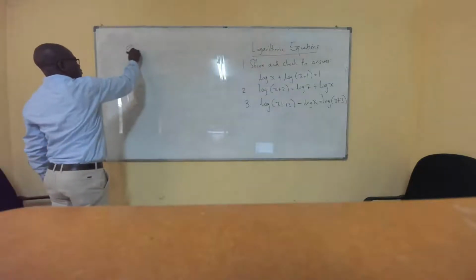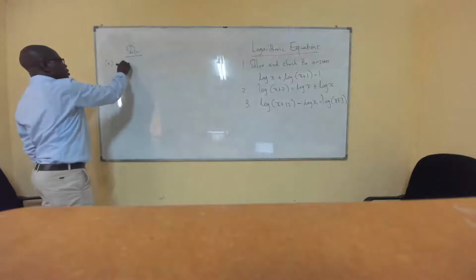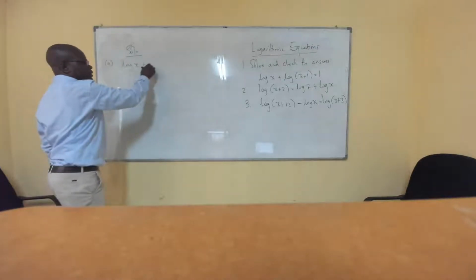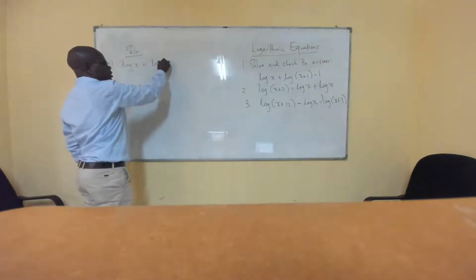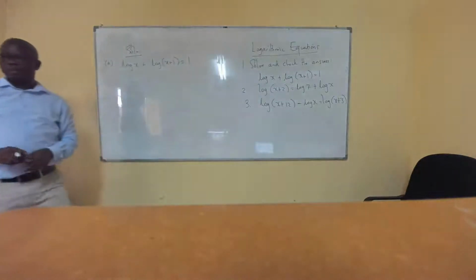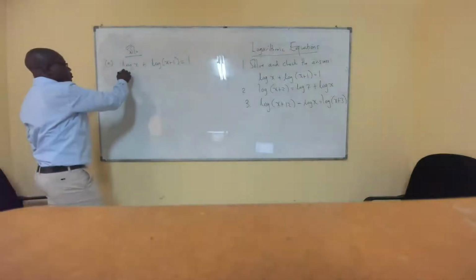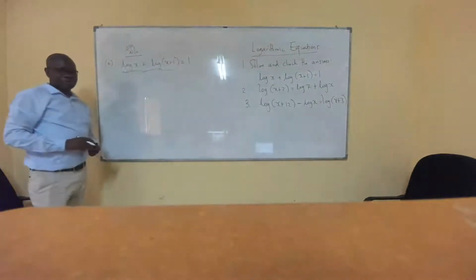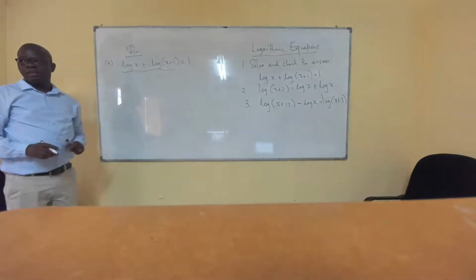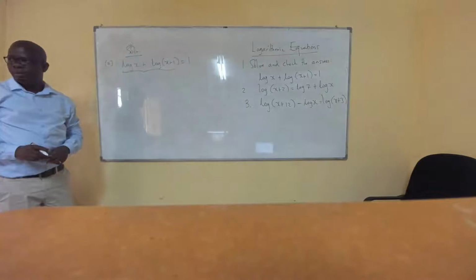So solution, part A: you check log x plus log (x plus 1) equals 1. It should be understood that the base is 10. The base is 10, but using the properties of logs, the base is 10 in both terms.